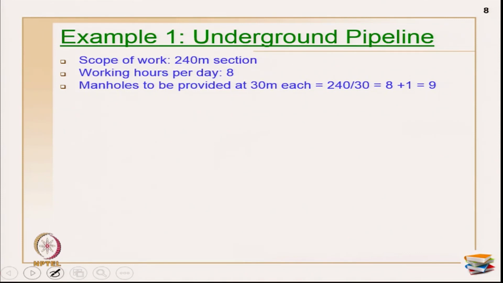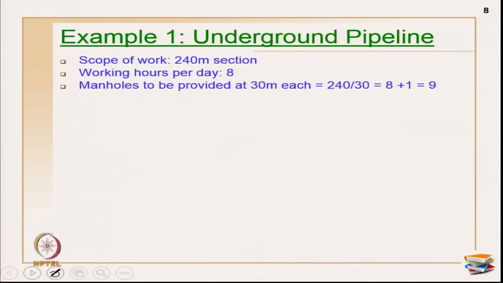So, covering the entire flows, I have a 240 meter stretch I am planning to take. How much time does it generally take to finish the entire tasks? Working hours per day is by default 8 hours per day. Manholes, the general norm in this particular project, were to be provided at 30 meter intervals. So, approximately, starting with the connection or the starting point, you may have to do 9 manholes in the whole section.